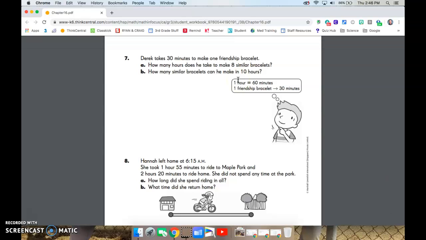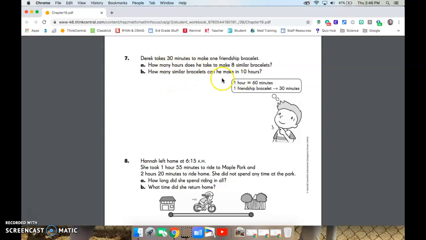So if each bracelet is half an hour, you have 30 minutes, 1 hour, an hour and a half, 2 hours, that's 4 bracelets, 2.5, 3 hours, 3.5, 4 hours. I have 8 fingers up at 4 hours, okay? So to make 8 bracelets, it's going to be 4 hours.